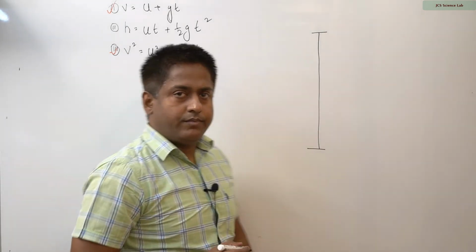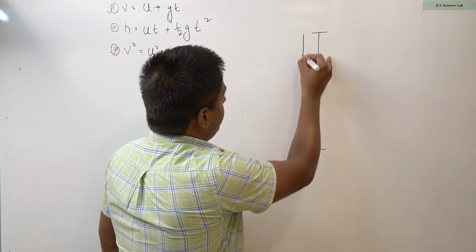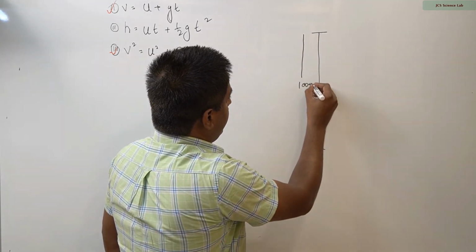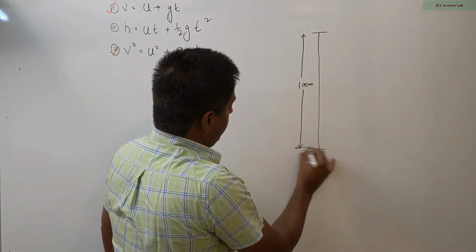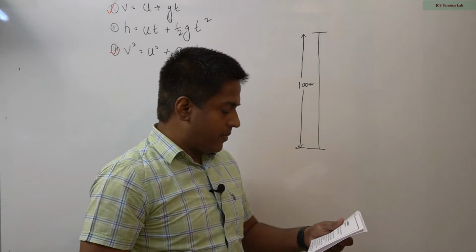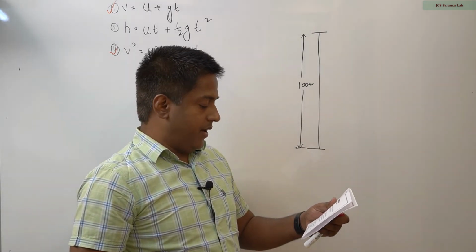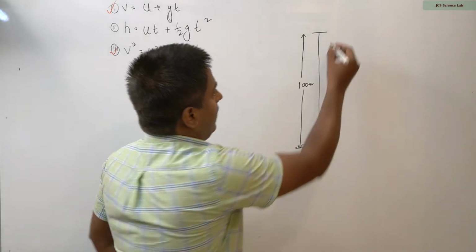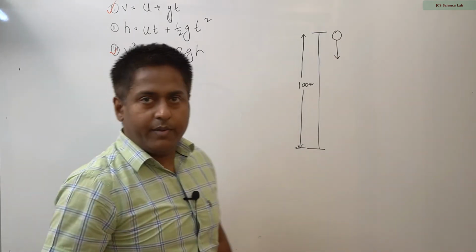Let's say the height of the tower is 100 meter. This is the stone which is allowed to fall from the 100 meter height tower.